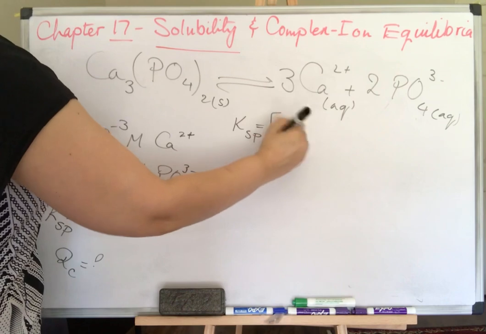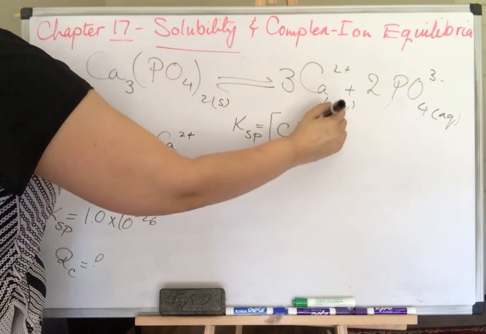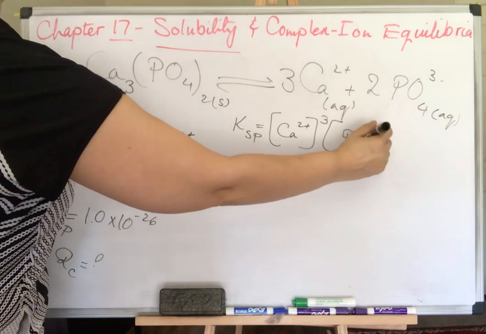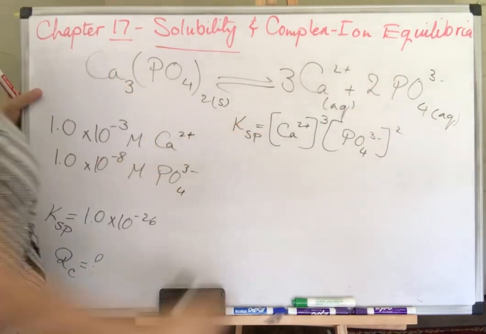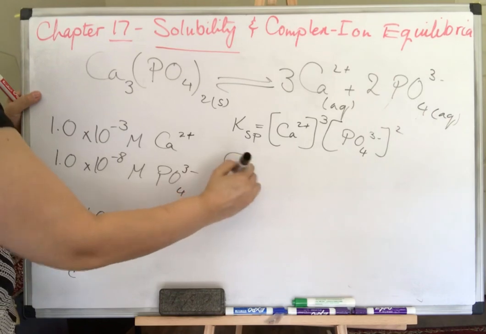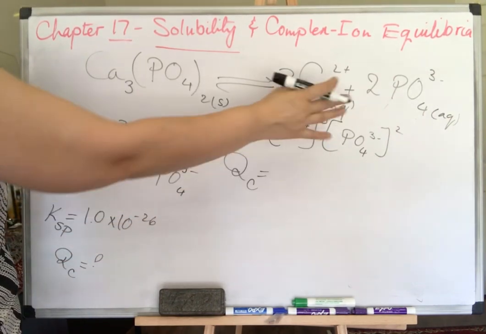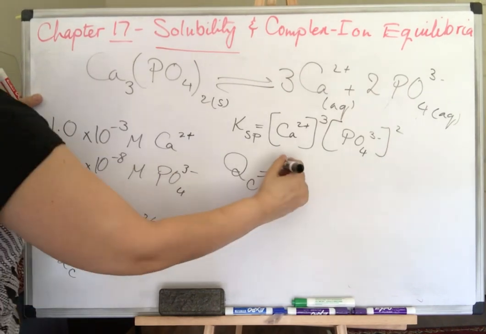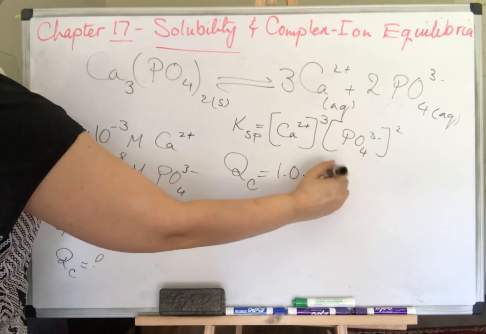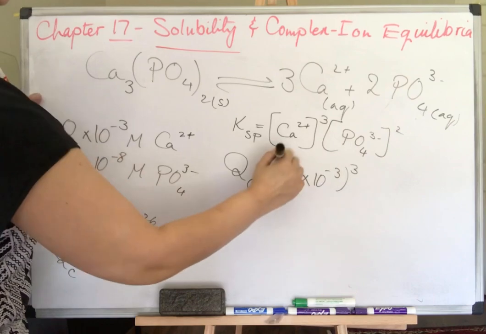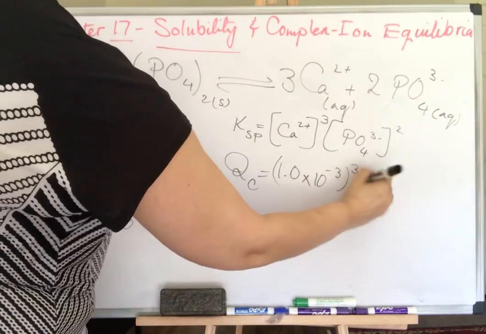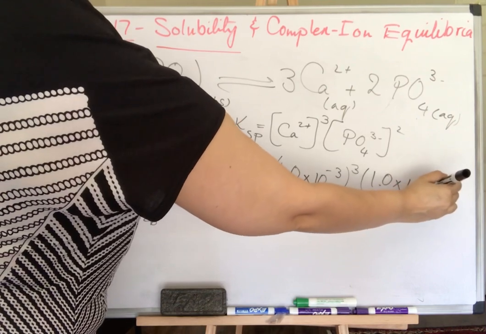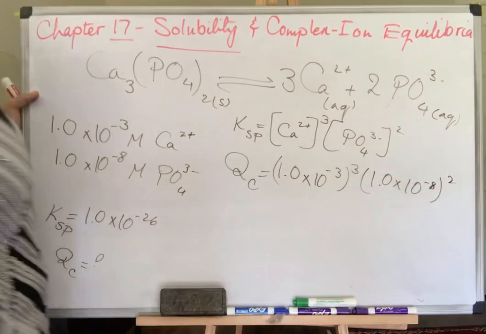So Ca2+ cubed times PO4 3- squared. Qc, which is the same exact equation, but these are not the equilibrium concentrations, is 1 times 10 to negative 3 cubed times 1 times 10 to negative 8 squared.